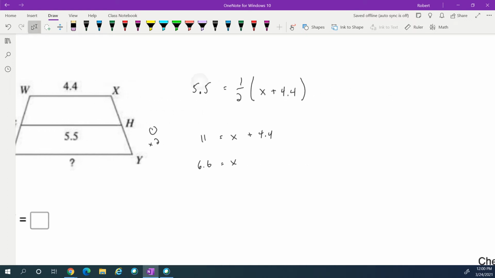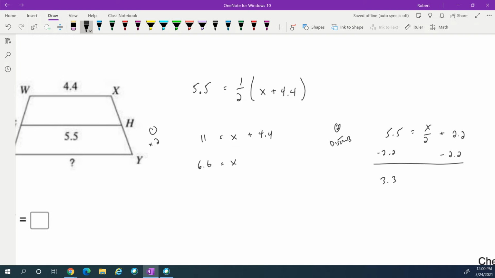The other option algebraically is to distribute. 5.5 equals x over 2, or 1/2 x, plus 2.2, subtract 2.2.